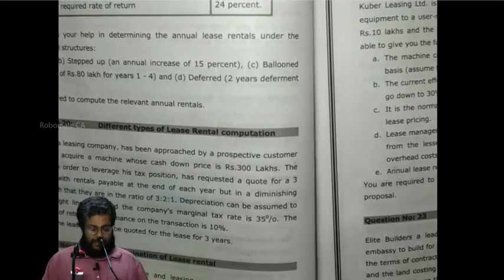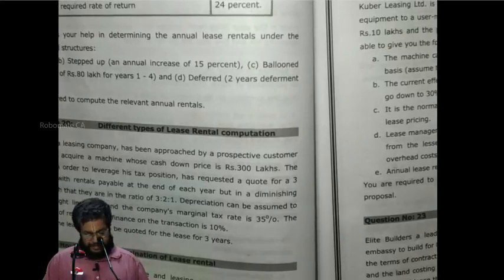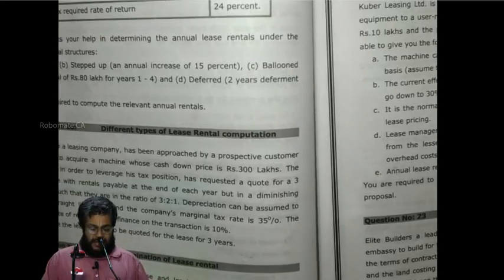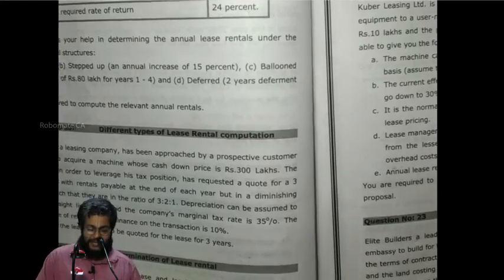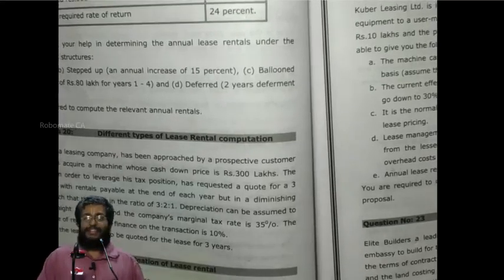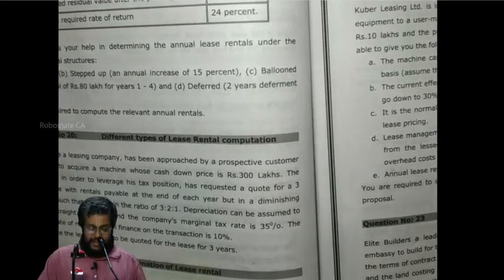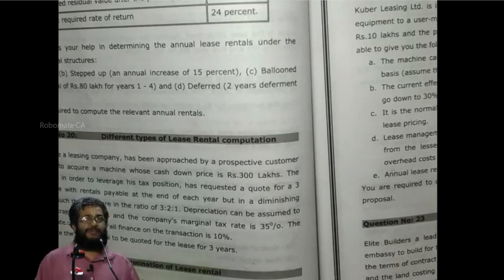Depreciation can be assumed to be on straight line basis. Company's marginal tax rate is 35%. The target rate of return for Fair Finance, not Fail Finance, but Fair Finance, on the transaction is 10%. Calculate the lease rental to be quoted for the lease for 3 years. That's the question which has been asked.